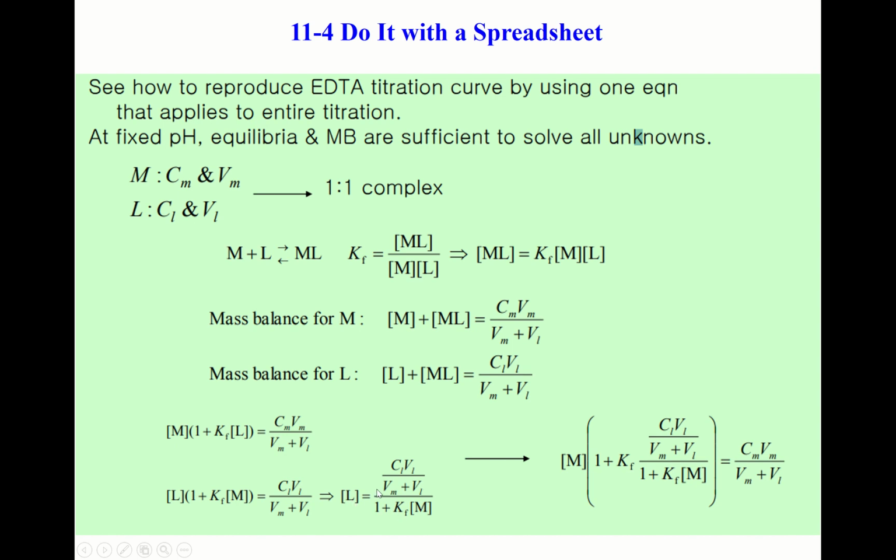It is given by this one, and we substitute it into this equation here. Then we can express everything only in terms of free metal ion concentration. Although it looks a little bit complicated, actually the derivation is not that difficult.